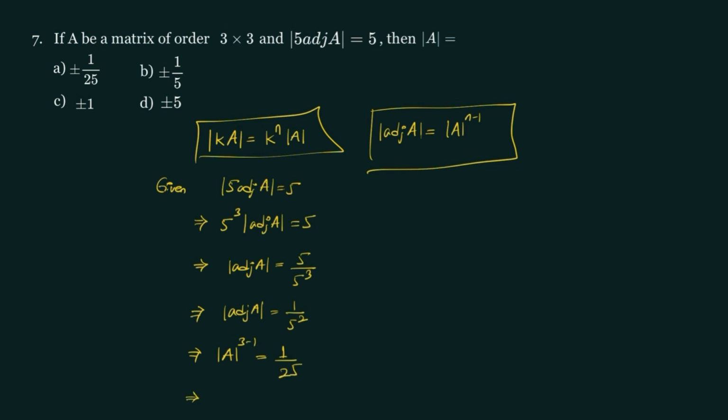This implies determinant of A whole square equals 1 over 25, and hence the value of determinant of A will be equal to plus minus square root of 1 over 25, that is plus minus 1 over 5. That means the correct option for this question is option B, plus minus 1 by 5.